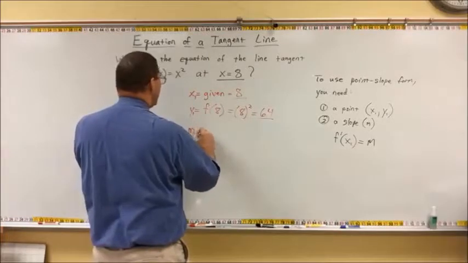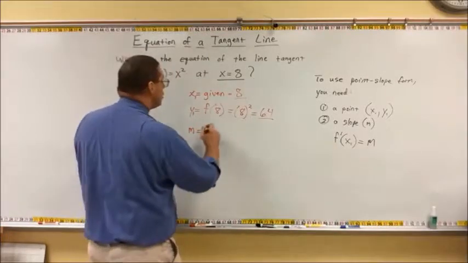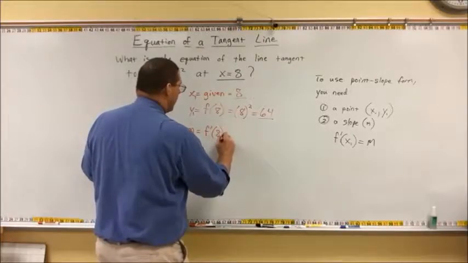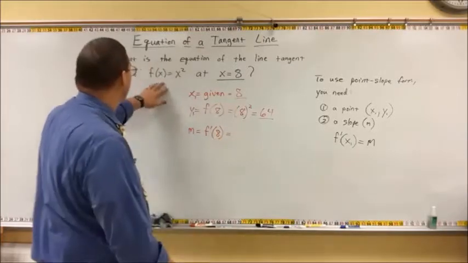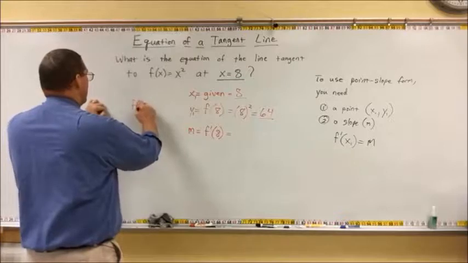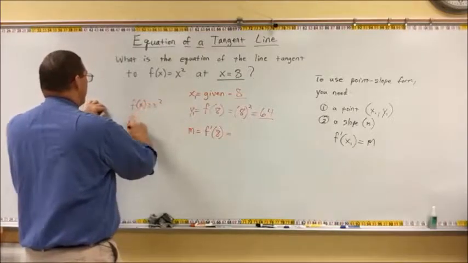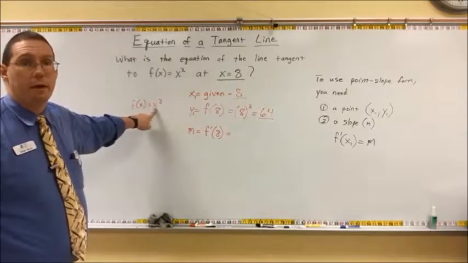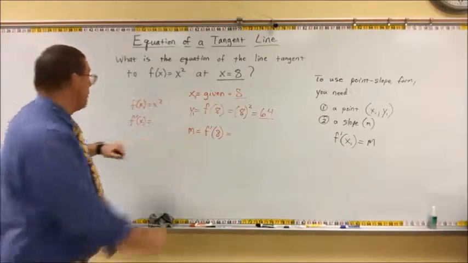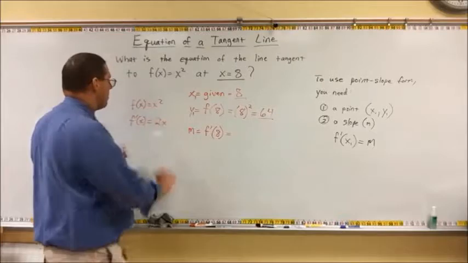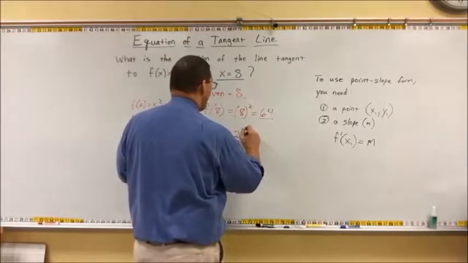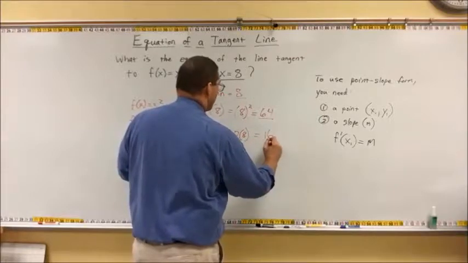The slope is going to be equal to the derivative f prime with 8 plugged in. Well, what is the derivative? If f of x is x squared, then what is f prime of x? What is the derivative of x squared? It's 2x, right? So f prime of x is 2x. So f prime of 8 is going to be 2 times 8, which is 16.